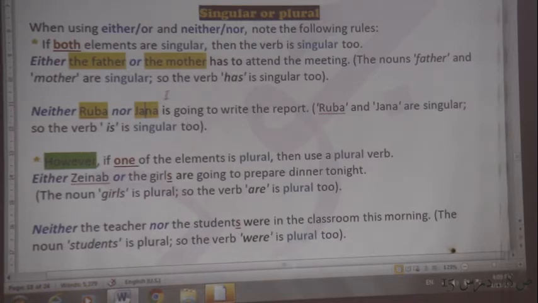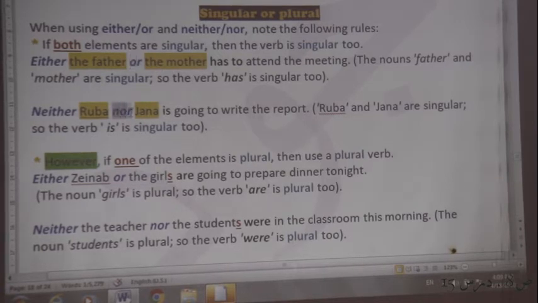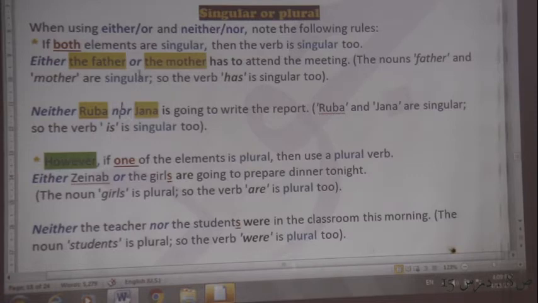But I have another rule for you that you can depend on in your final exam, because in some cases we may have exceptions. In this case, I advise you to think about the element after or, after nor. Again, dear students, very important note: think about the element after or, after nor.